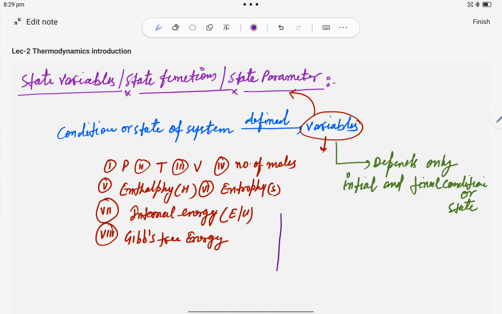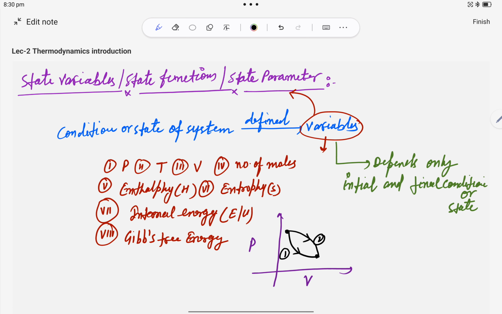See, one graph is given. This graph is pressure versus volume. In this graph, these are the 2 points. This one is path 1 and this is path 2, and these are the conditions.